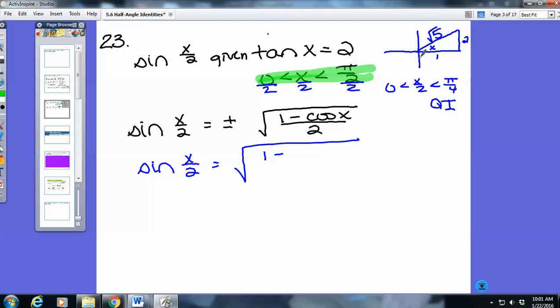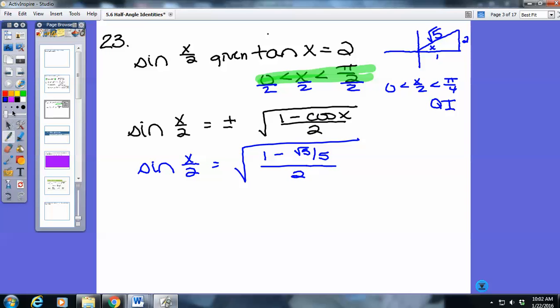All right, so cosine here, adjacent over hypotenuse, would be 1 over radical 5, or we could say radical 5 over 5. Now we have a fraction in a fraction, so to get rid of it, we do what?